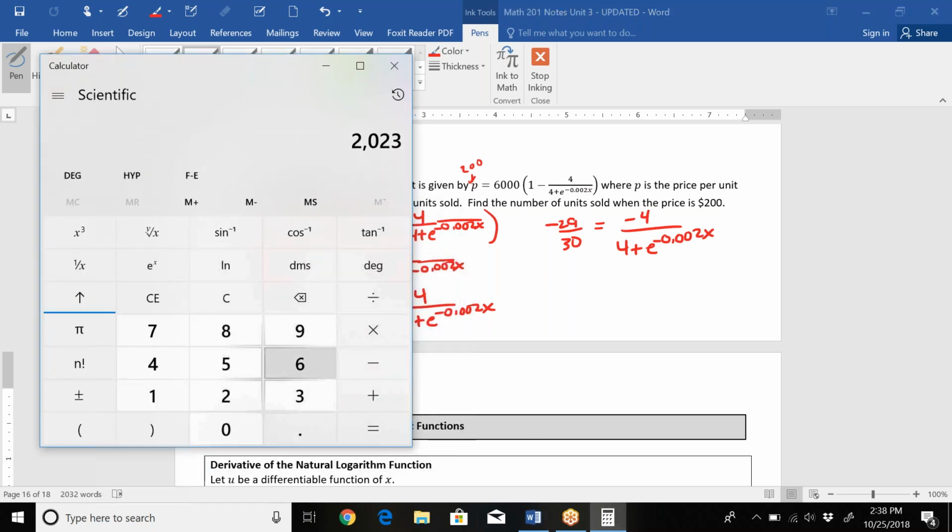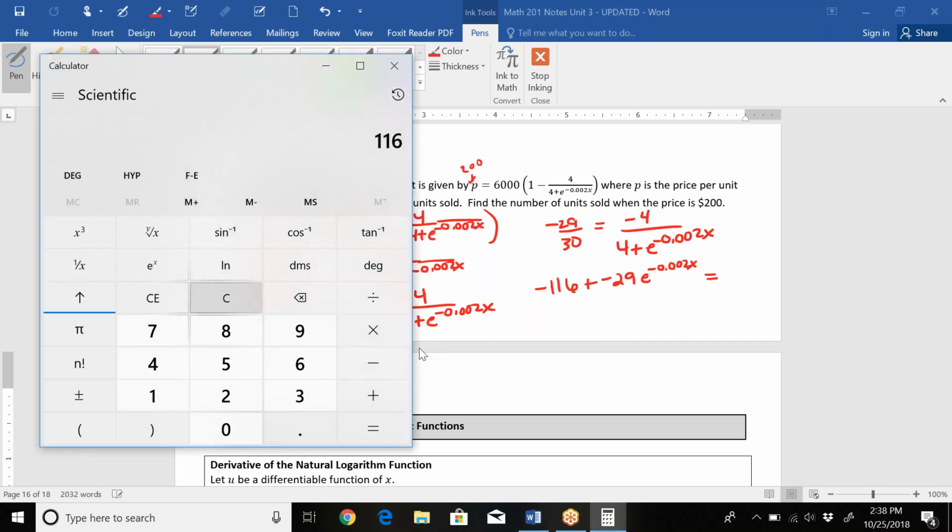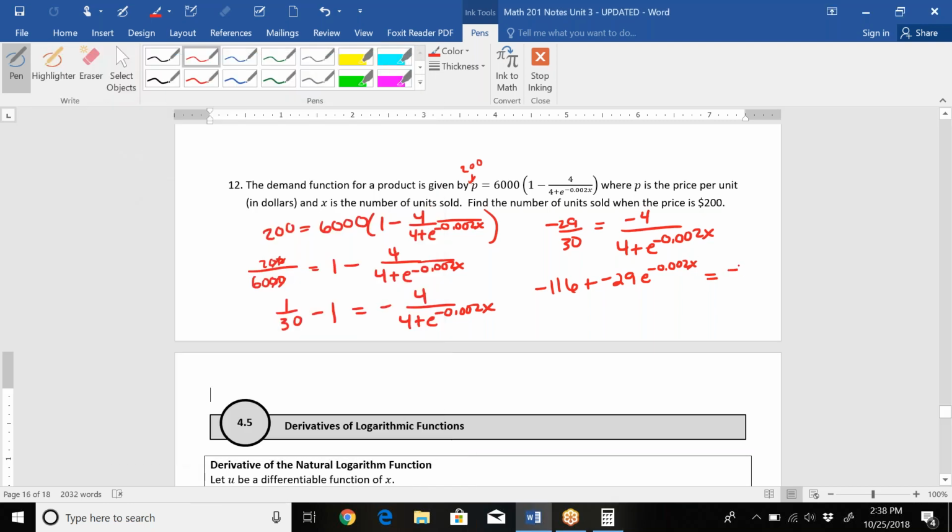So what is 29 times 4? That'd be negative 116 plus negative 29 e to the negative 0.002x equals negative 40 times 30, or negative 4 times 30, sorry. So that's negative 120. Then we would add the 116 over.